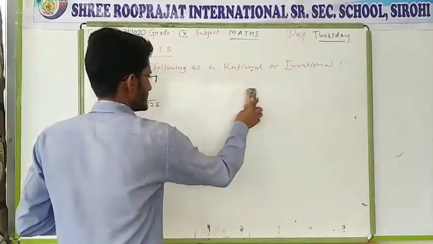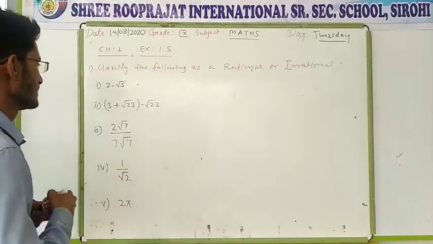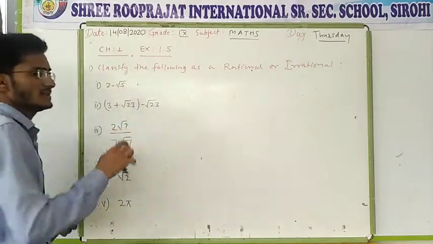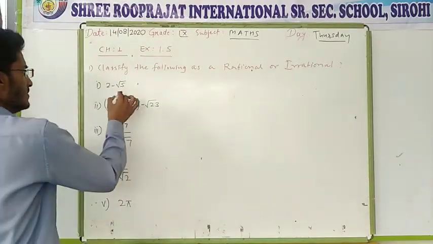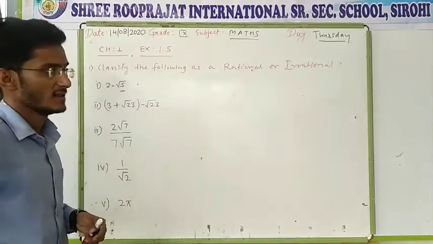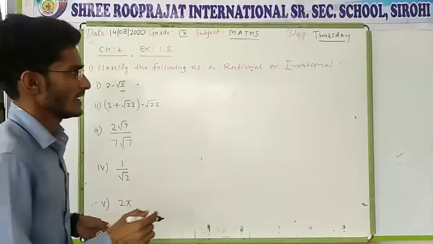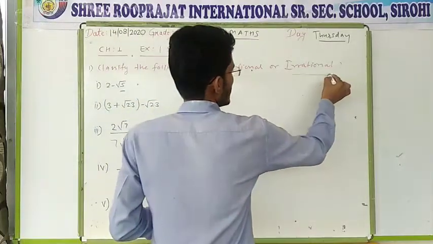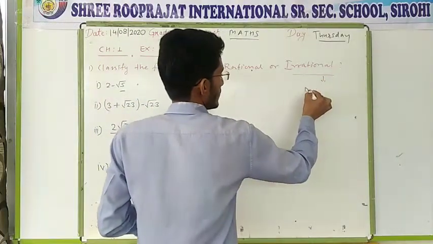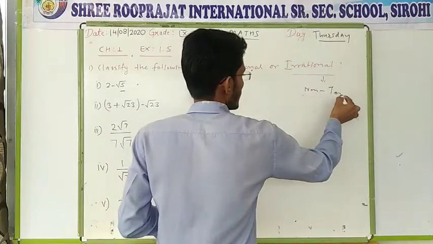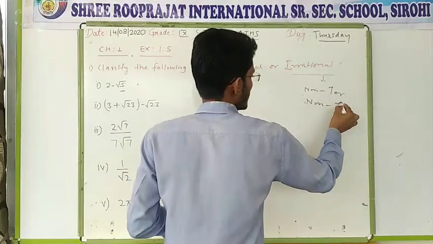Let's see what the answer is. First one, 2 minus root 5. As we know, root 5 is an irrational number because it cannot be defined in the form of p by q, and the decimal expansion of an irrational number is non-terminating and non-recurring.